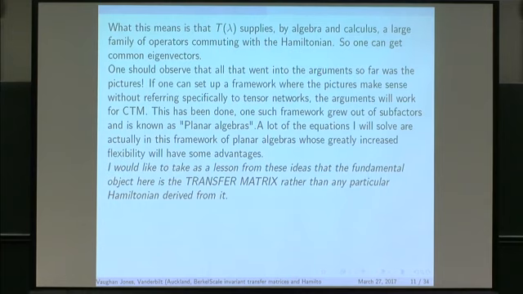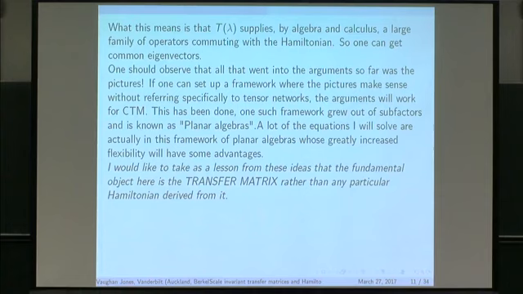Now, I've come to a certain point in the talk, and I want to extract a lesson from what we've been saying so far, and then go on from there. The message that I want to take from these ideas is that the fundamental object here is the transfer matrix.